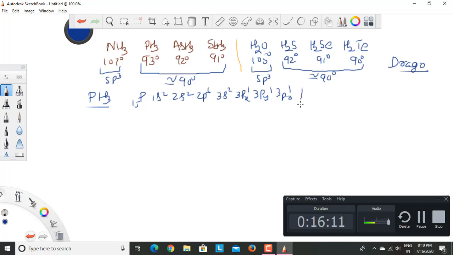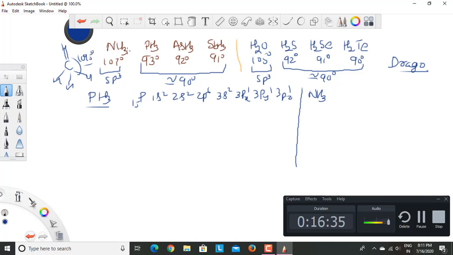Simultaneously we will check the hybridization of NH3. In NH3 there is hybridization, so the bond angle change is very small. Suppose you see the sp3 hybridization tetrahedral structure of methane, CH4. What is the bond angle? 109.5 degrees.